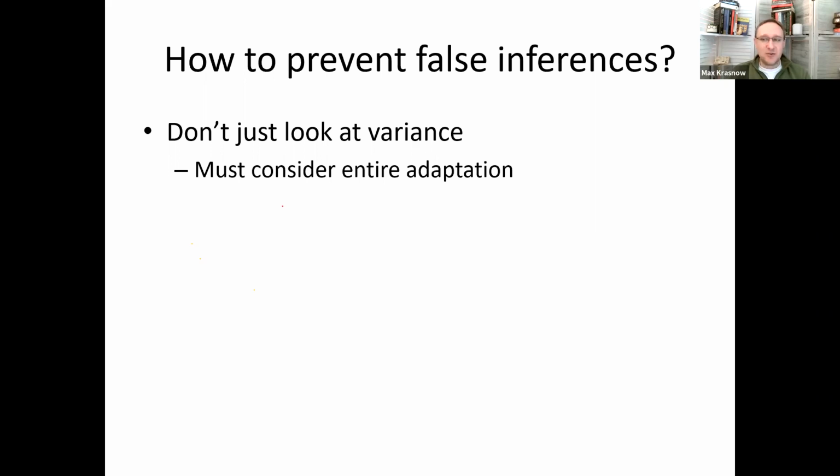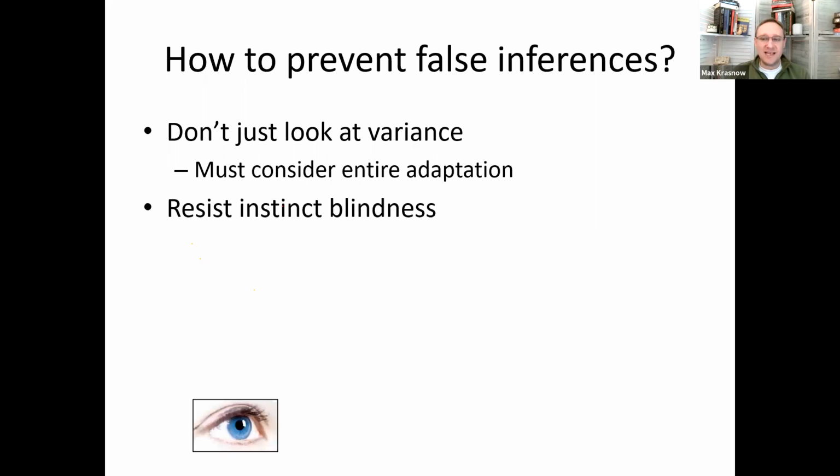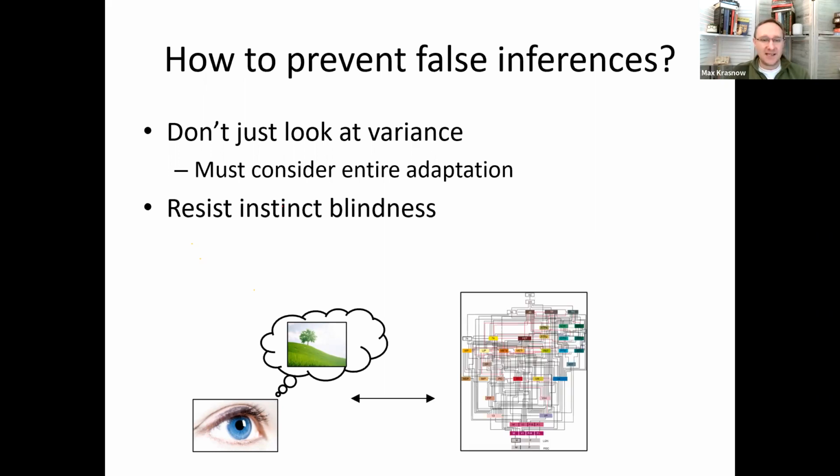The challenge is to resist what Simon Baron-Cohen called instinct blindness. That's our tendency to find things that we do easily, to think that those things reflect something simple in our brains or in our genes, which causes us to ignore how complex they can be under the surface.